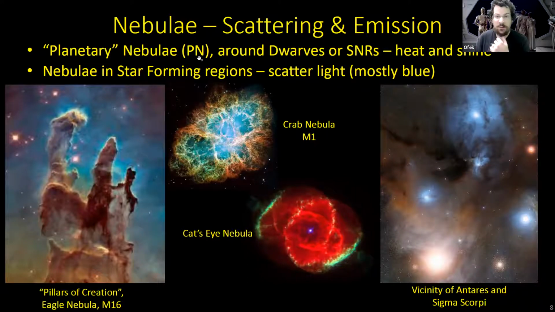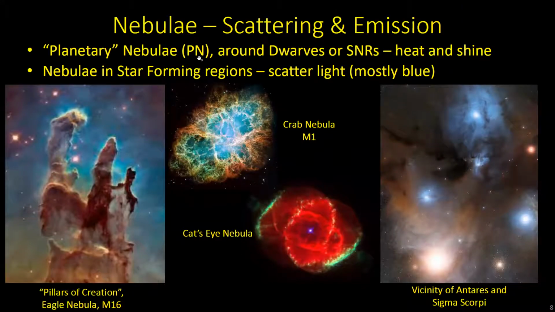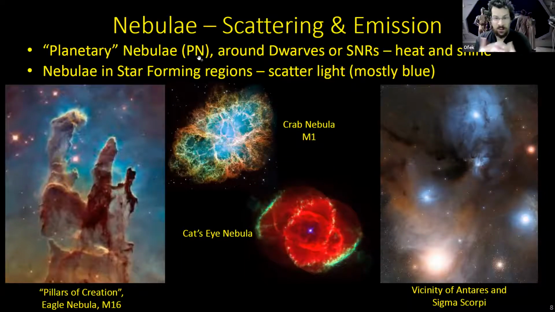The hot parts of the nebula, heated by either white dwarfs or neutron stars, supernova remnants, heat the nebula around them, producing stronger color, bluer color; red comes from farther away. Another example we can see here, the Cat's Eye Nebula with its different coloring.